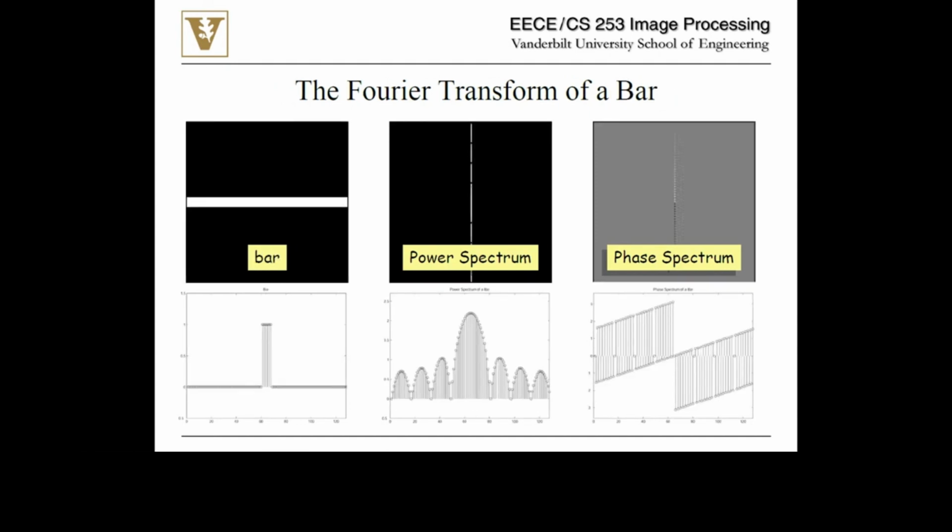Then a few more examples. The next one will be a bar. Now we start understanding how these things behave. In this direction it is almost constant, so it should be a delta. In this direction, what I see is a pulse. In this direction, I should see this kind of signal.